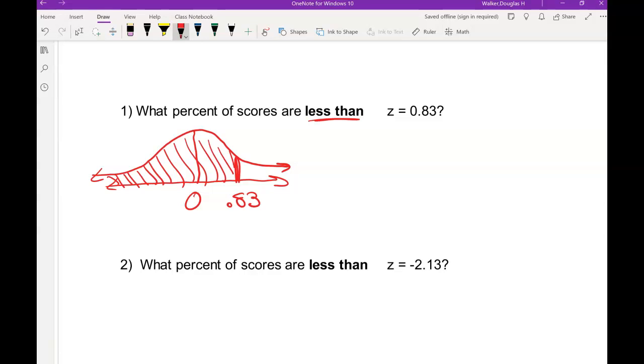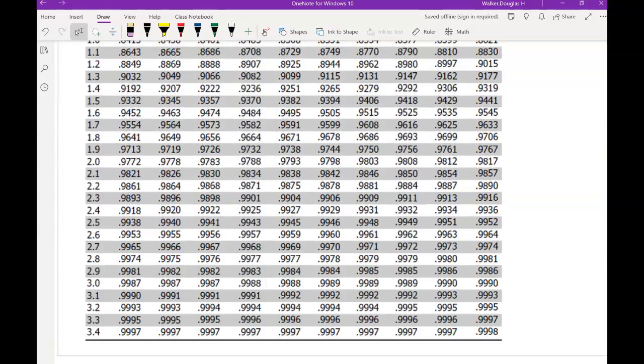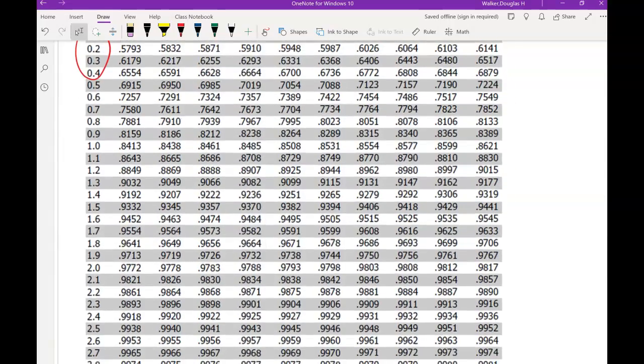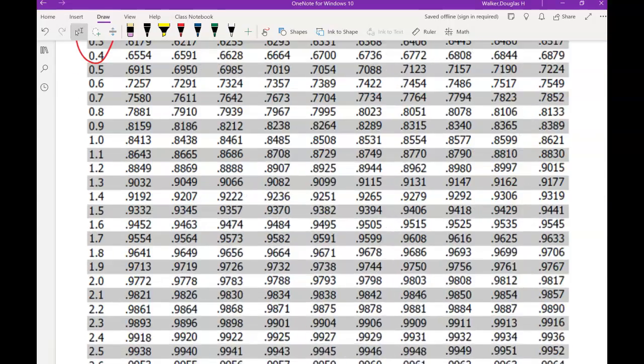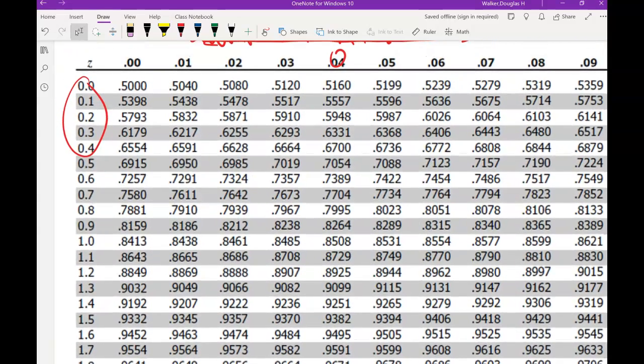So to find that number, I'm going to look up 0.83 on my table with positive z-scores. So let's go to this table, zoom in a little bit maybe. And hang on a second, I'm going to erase some of this other scribbling on here. All right, so 0.83.